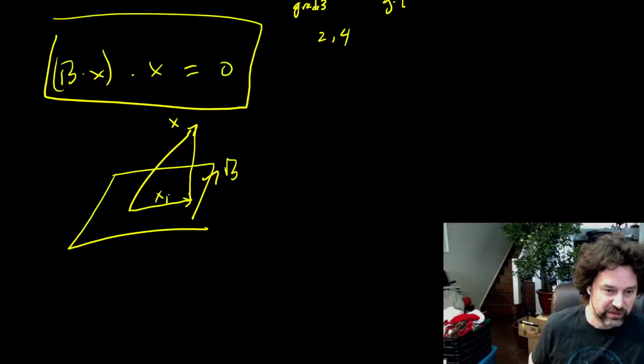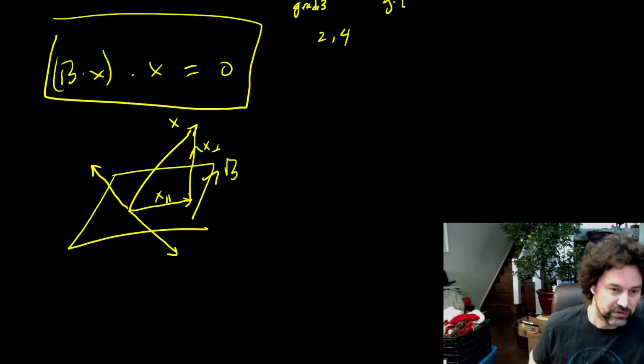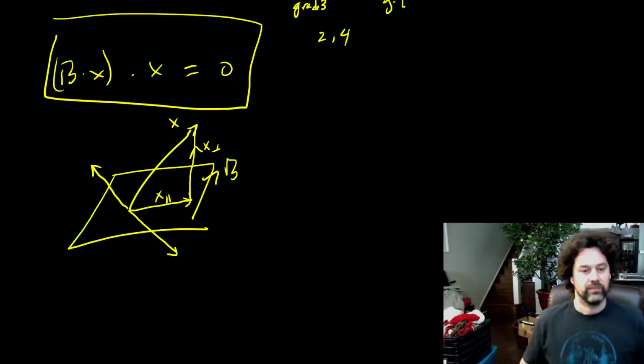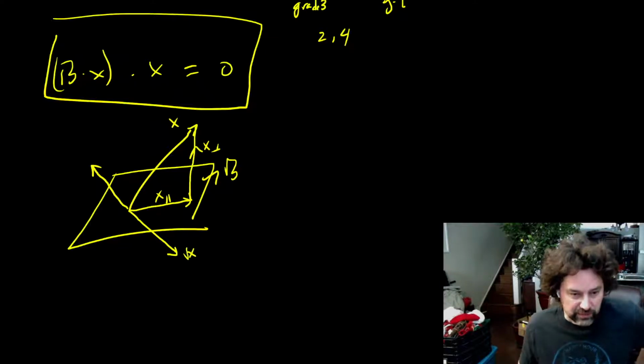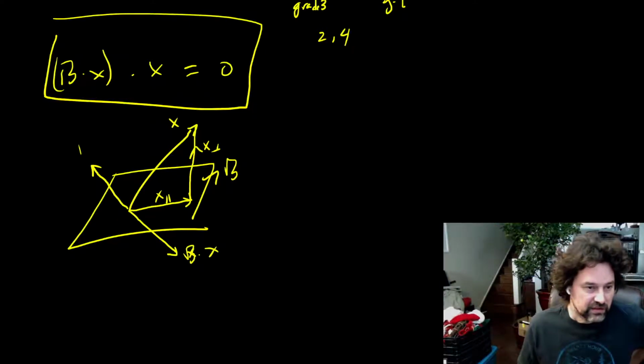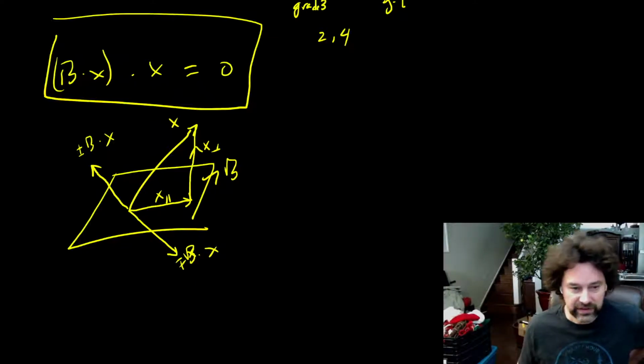Let's call this x parallel to the plane, and we'll call this part x perpendicular to the plane. What we saw in the R3 product is that our b dot x's lie in the plane.